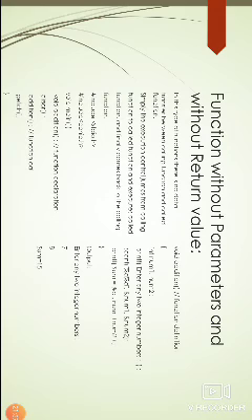Now I have to invoke the function call. For this I am writing addition with empty parenthesis semicolon. Here there are no parameters in the function. Now getch with empty parenthesis, semicolon, and the end of the main function, that is closing curly braces.